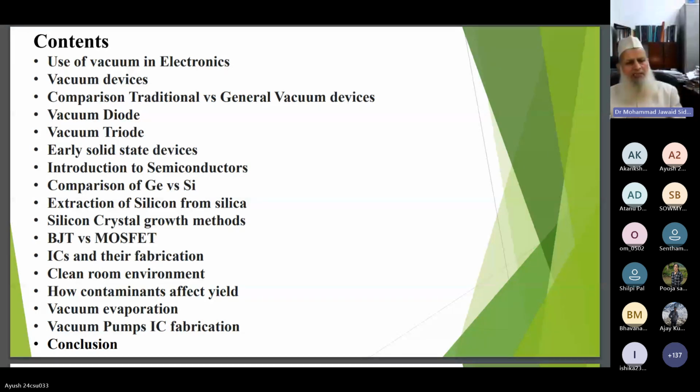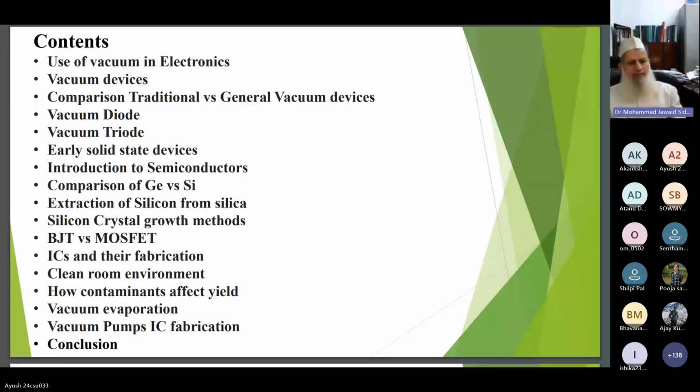Then the extraction of silicon from silica, and how wafers are fabricated by the CZ and FZ technologies.